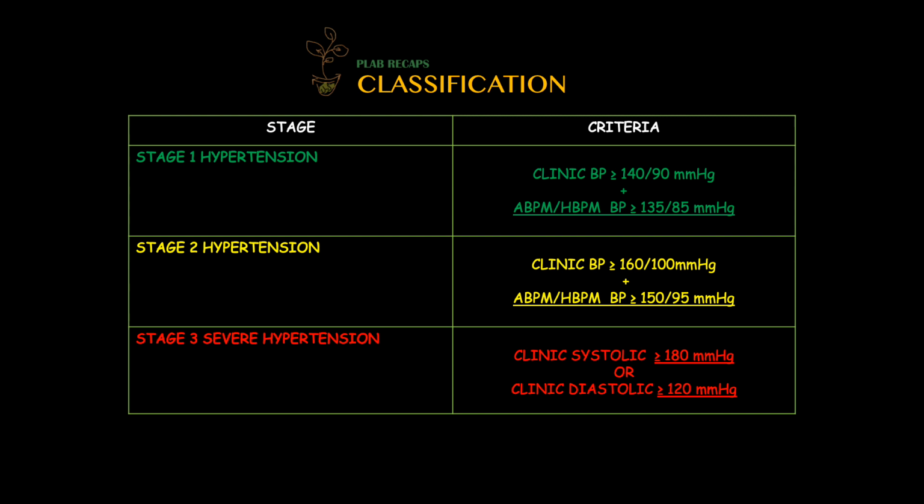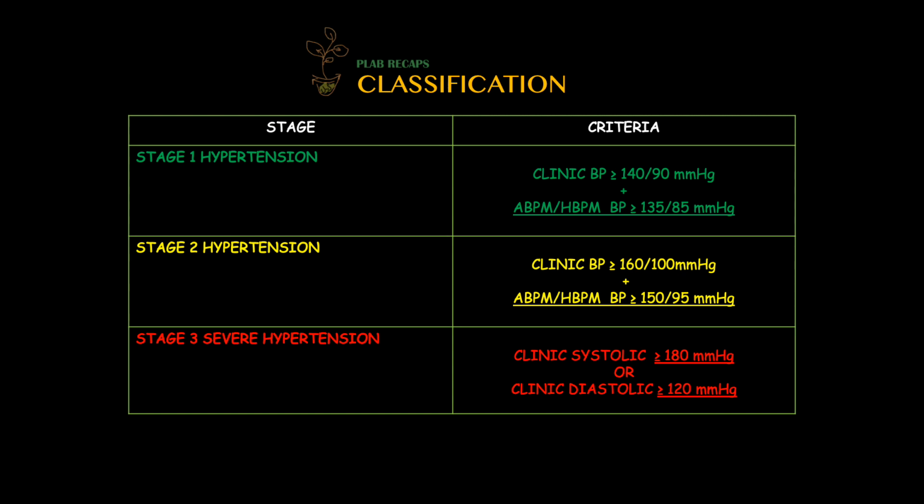What NICE guidelines suggests is that for stage 2 hypertension, an isolated rise in either systolic or diastolic should be enough in order to initiate treatment. So for example, having a blood pressure of more than or equal to 150 systolic or more than or equal to 95 diastolic should be enough for you to make the diagnosis and initiate treatment.